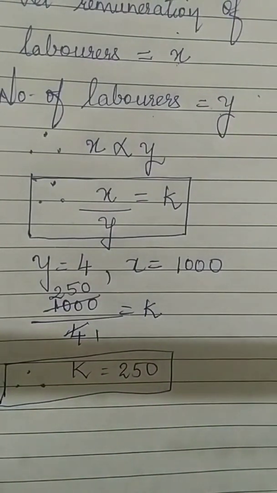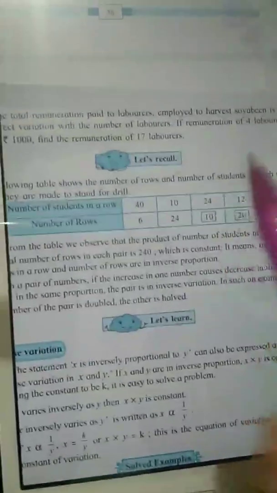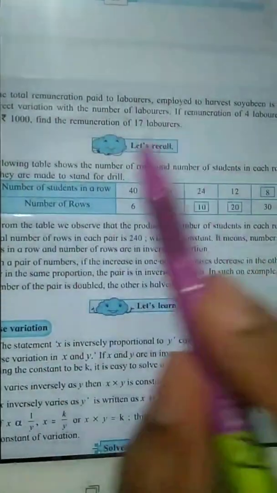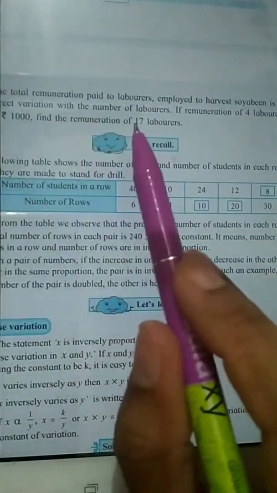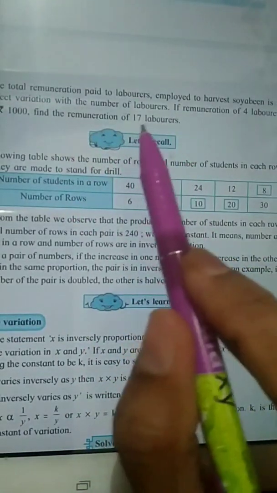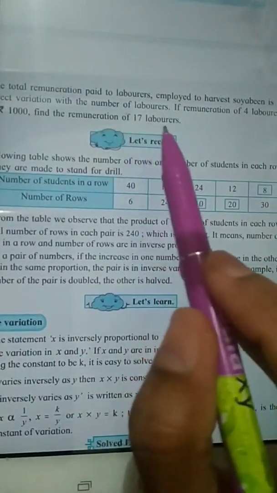Now the remaining part of the question. For 4 laborers they gave 1000 rupees, so what will be the remuneration of 17 laborers? Find the salary paid to 17 laborers. So what is this 17? Where will you put it? 17 is for laborers, no? So what is for laborers?